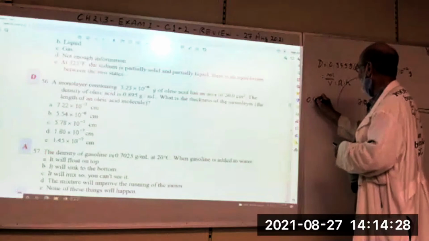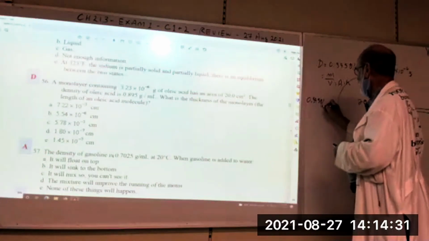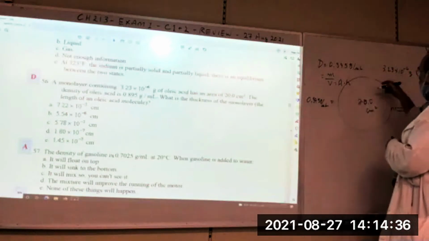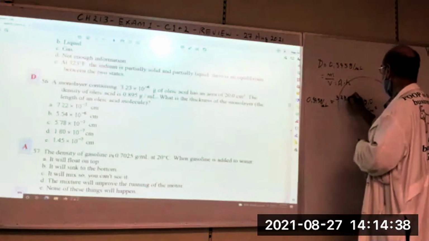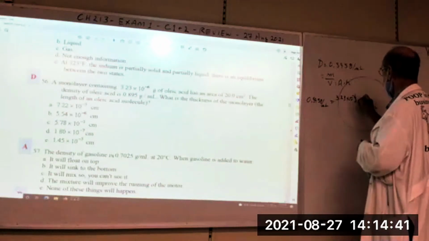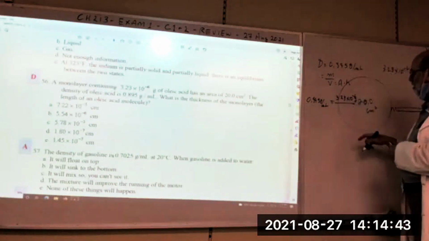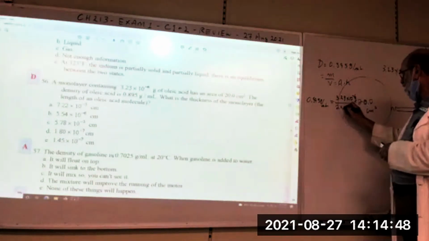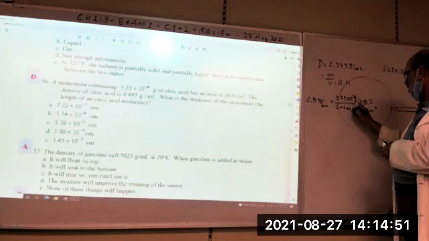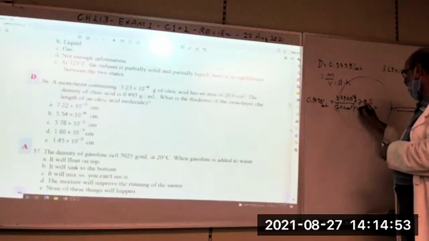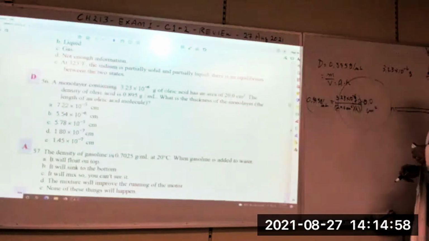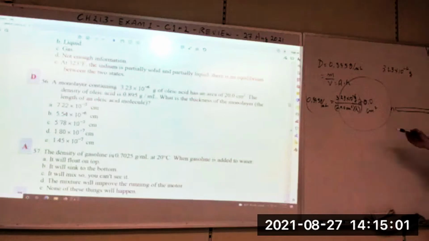We have 0.895 grams per mil equals mass, 3.23 times 10 to the minus 6 grams, divided by area times height. And we know the area, 20 square centimeters, times height. So there you go. You've got an equation now in one unknown. That one right there. So you solve for that unknown.